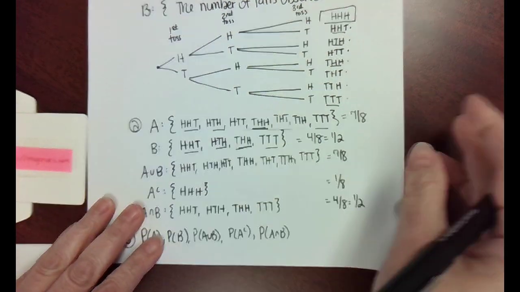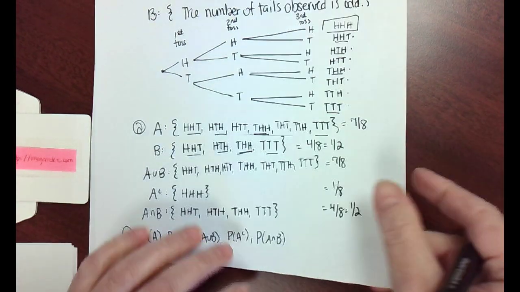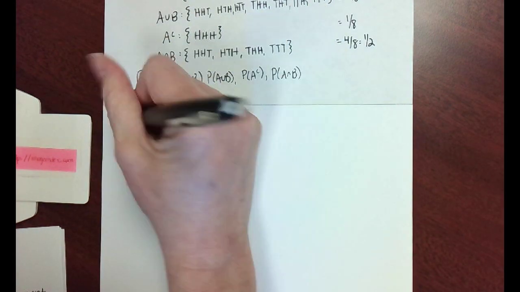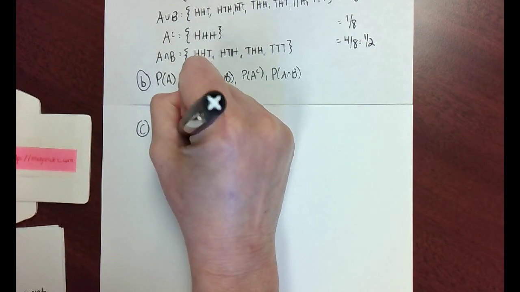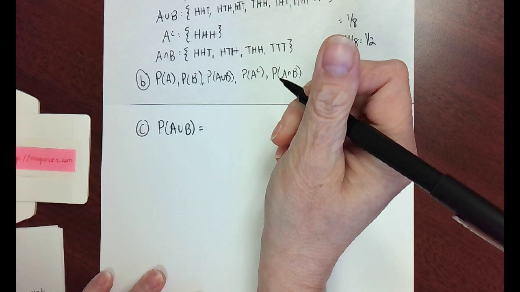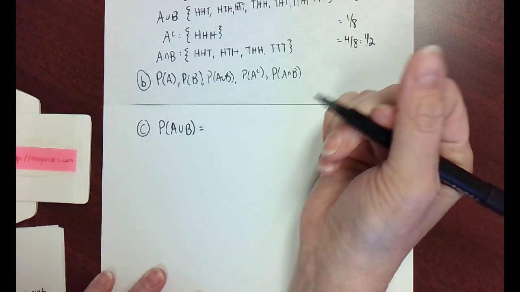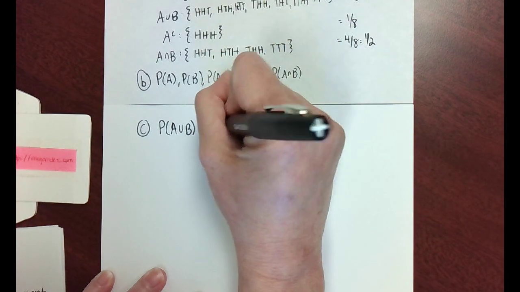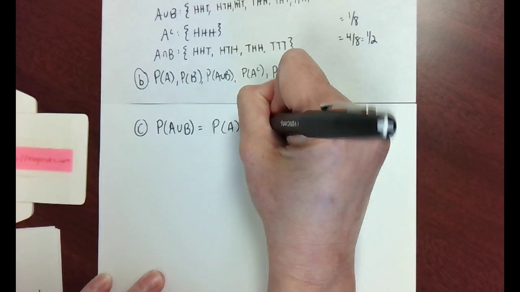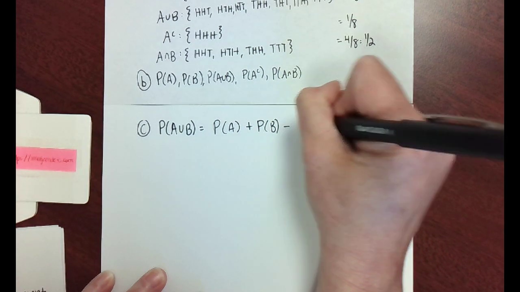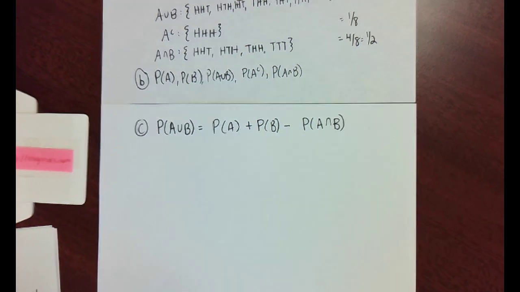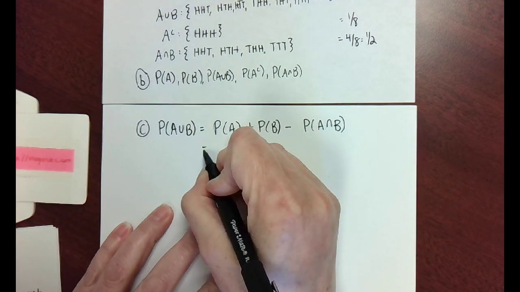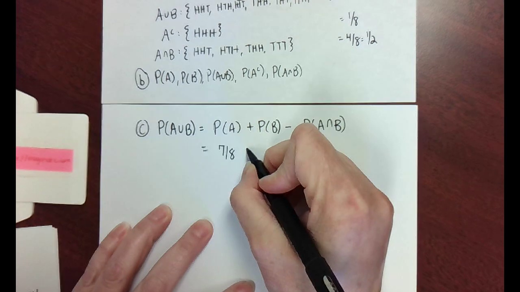Part C asks us to find the probability of the union of A and B, but use the additive rule formula to see if we get the same answer as the probability we got of the union of A and B in Part B. So the formula says we take the probability of A, plus the probability of B, and we subtract off the probability of the intersection because that takes out what they have in common. The probability of A we calculated to be 7 over 8.